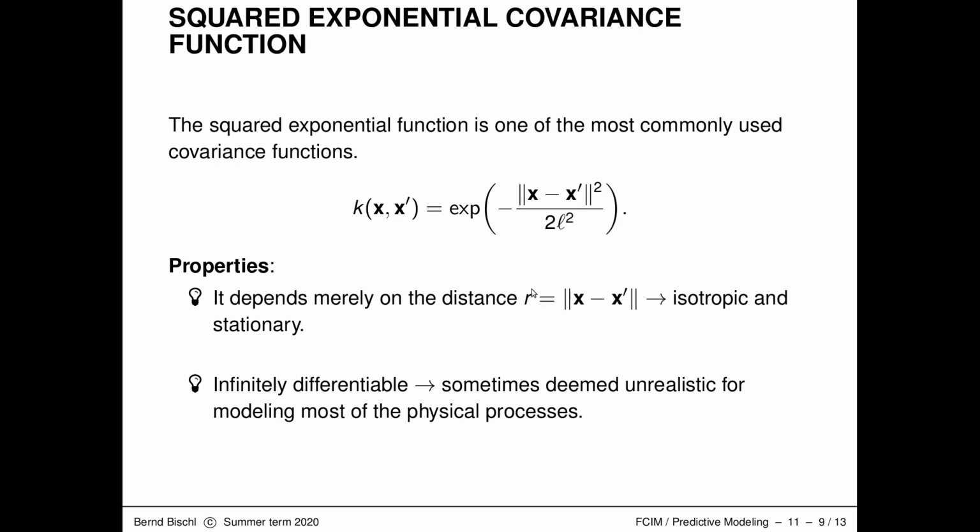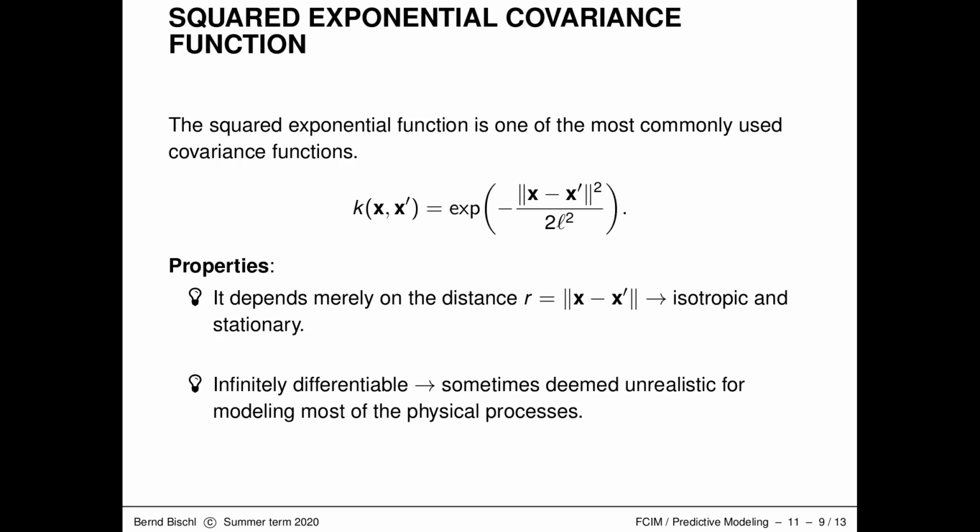So we can also write it in terms of r, and we can call this function isotropic and therefore, of course, also stationary. This covariance function and the associated GP are what we call infinitely differentiable. This implies a certain extreme smoothness of all of the associated sample paths of such a Gaussian process. And like I said, this is sometimes deemed unrealistic for modeling of many physical processes.